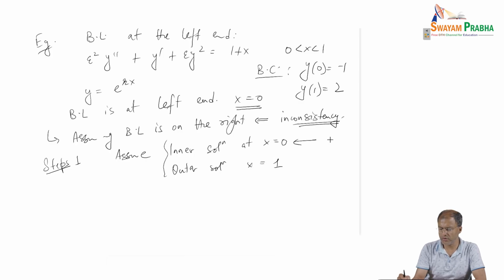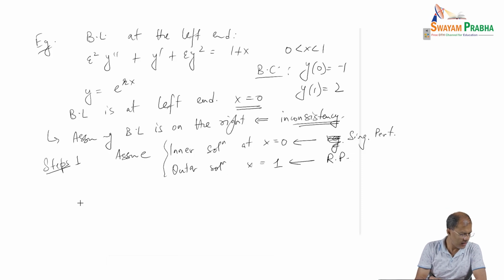For the inner solution we will use a singularly perturbed solution. We are going to use a rescaling of the variable x, and for the outer solution we will use a regular perturbation. We will use the regular expansion and we will find the answer.